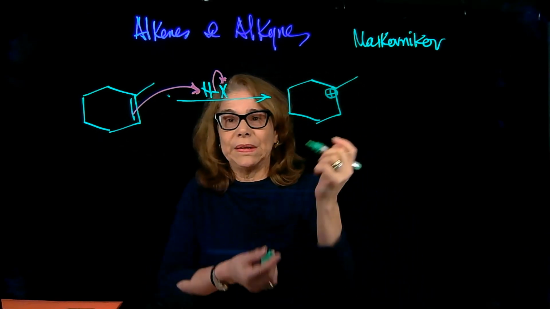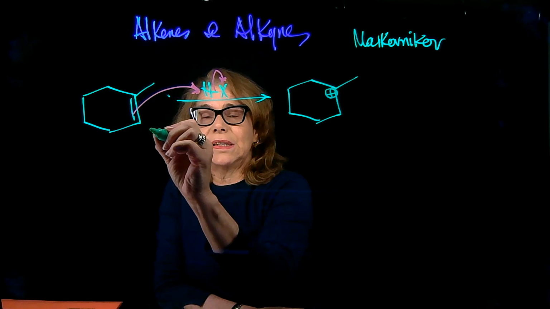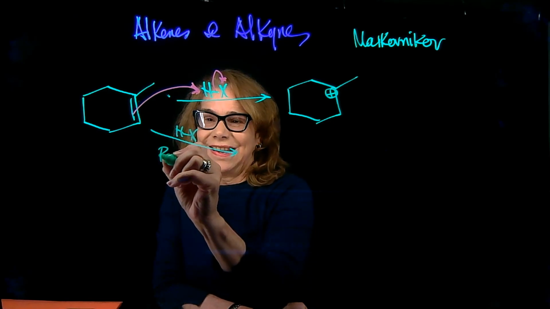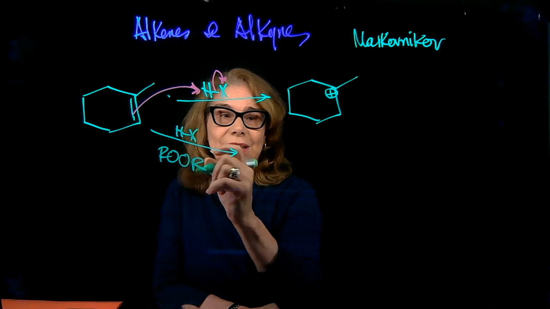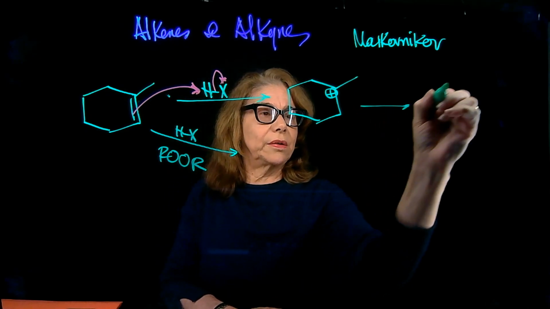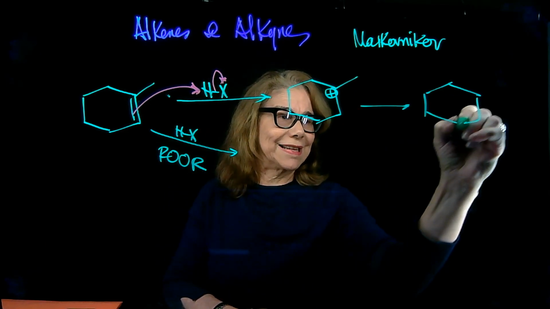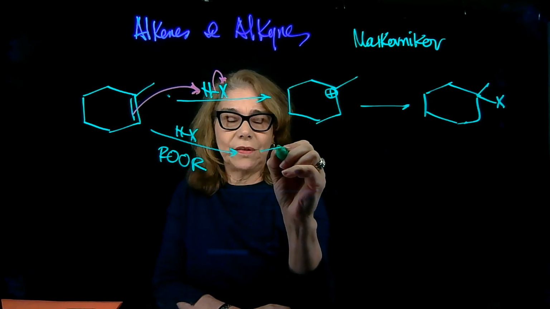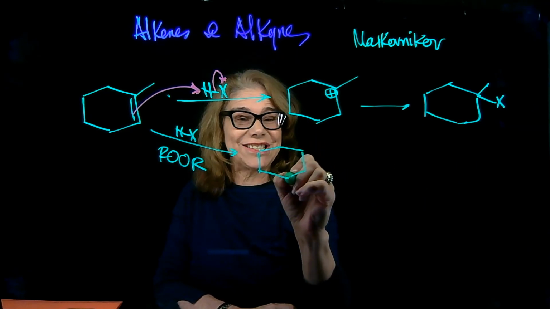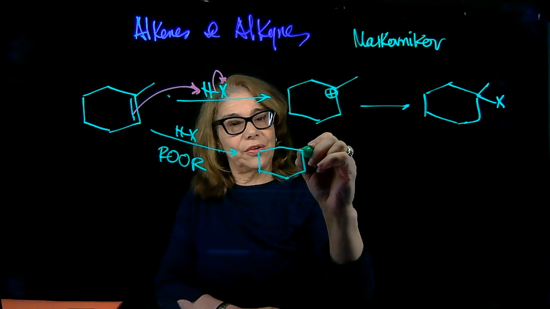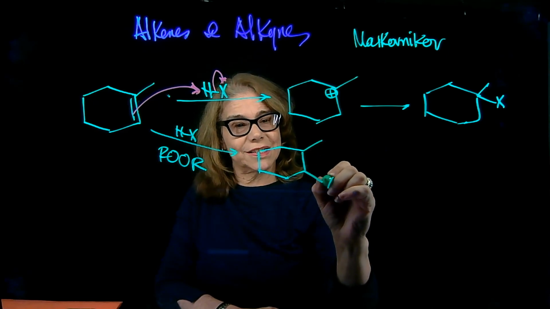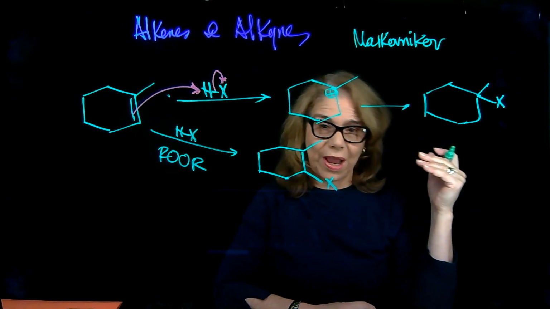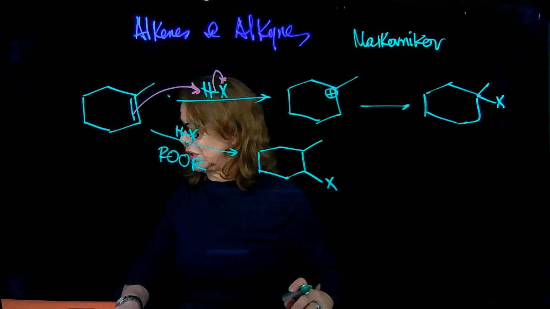But if you have peroxides, then the regiochemistry changes, and you end up having the X at the more substituted carbon, and the H here. So the reaction is regioselective, Markovnikov or anti-Markovnikov, depending on the reagent that we're using.